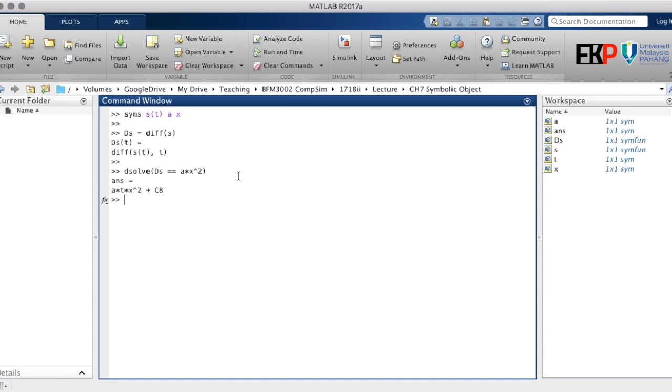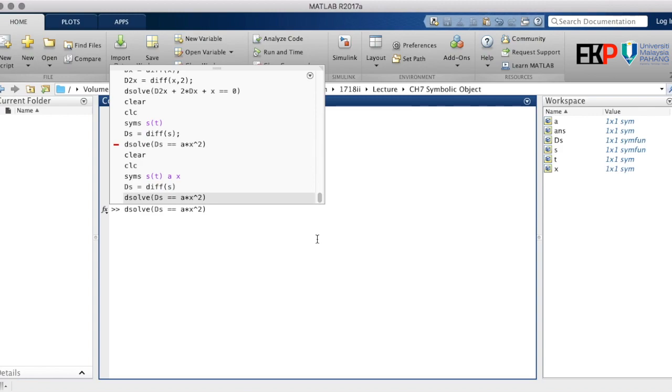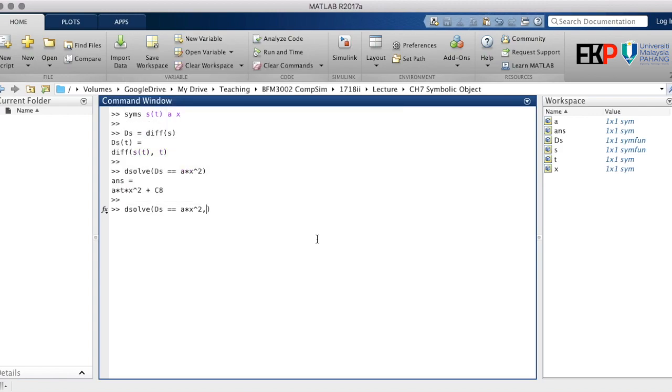Now, if we want to solve this with respect to x, we can always use the dsolve command, and we type in a comma and x. When we press enter, MATLAB will calculate the answer with respect to x, and we get a totally different answer from what we have up here: ax cubed divided by 3 plus the constant.